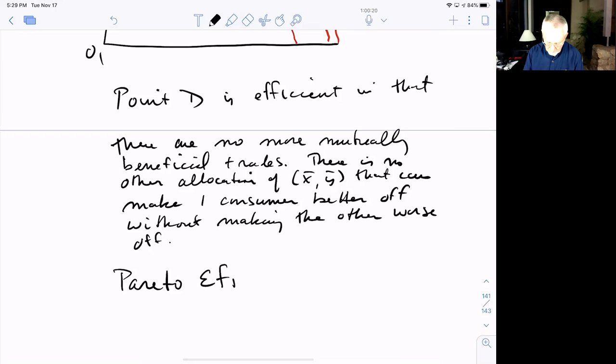Pareto efficiency, after the economist Vilfredo Pareto.